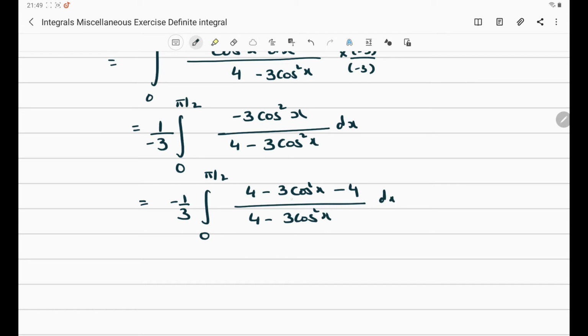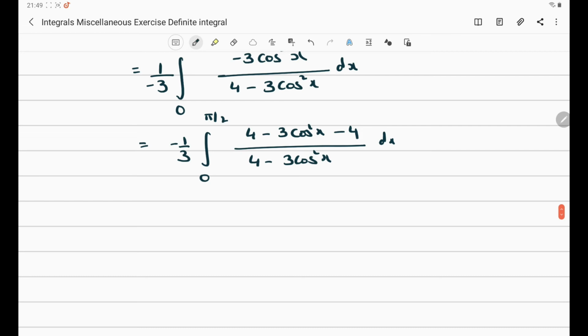So, we added and subtracted 4. Now, we can write this as integral 0 to pi by 2, 4 minus 3 cos square x by 4 minus 3 cos square x, this will be 1 minus 4 by 4 minus 3 cos square x dx.